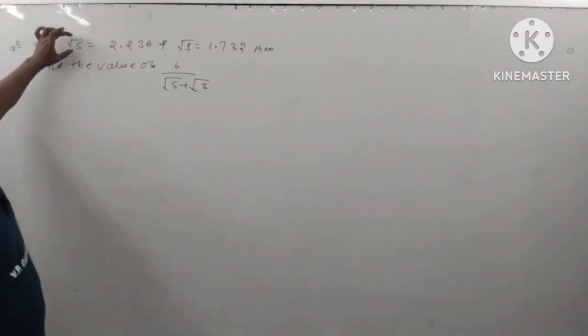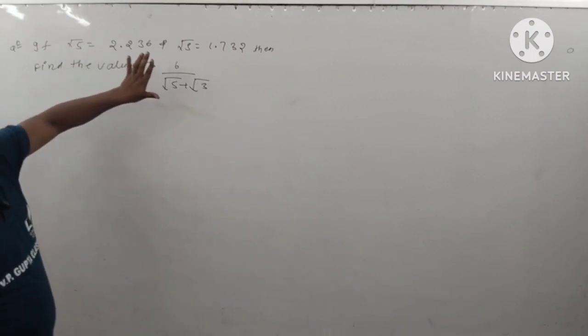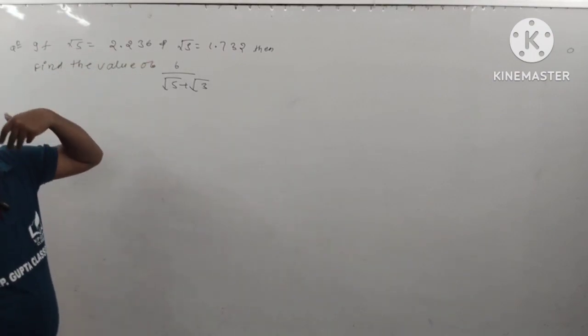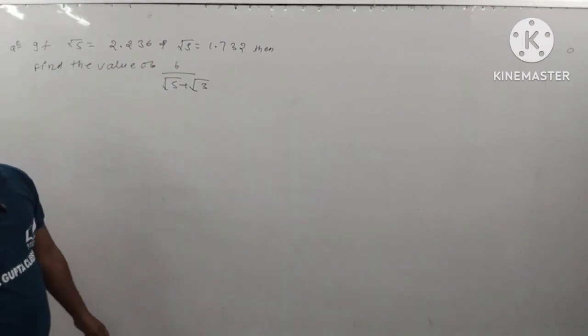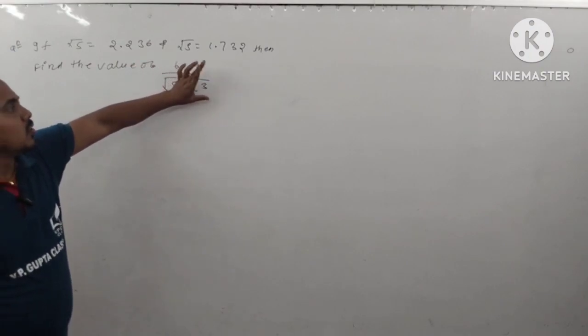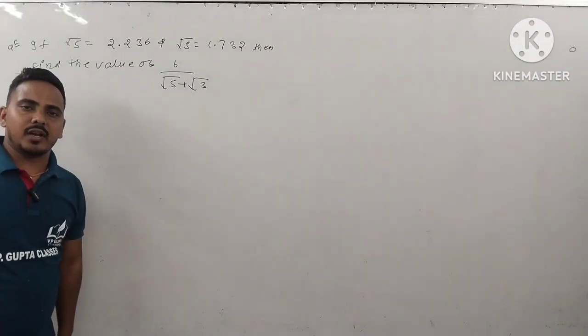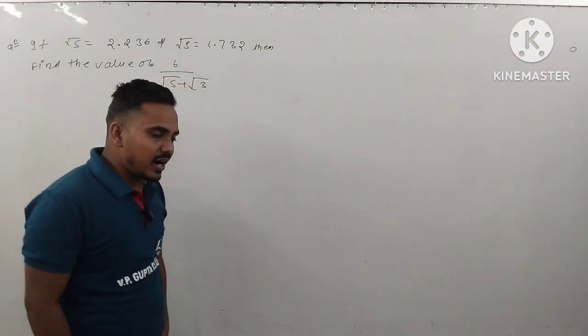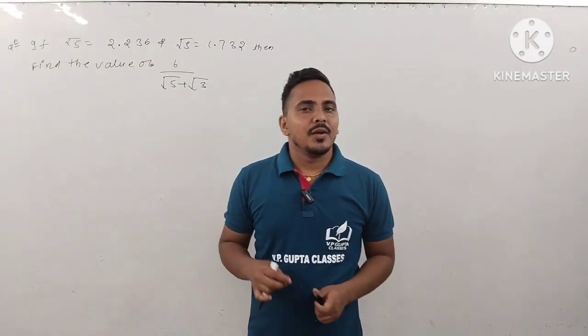First of all, we are given the data, the value of root 5, root 3, and also given here, if given here root 7, root 5, then also given the value of root 7, and he said that find the value of that term.